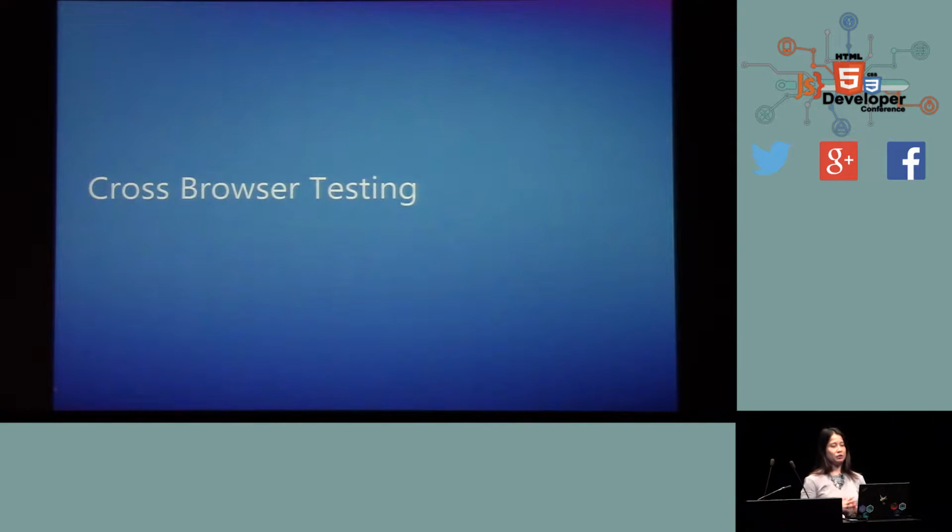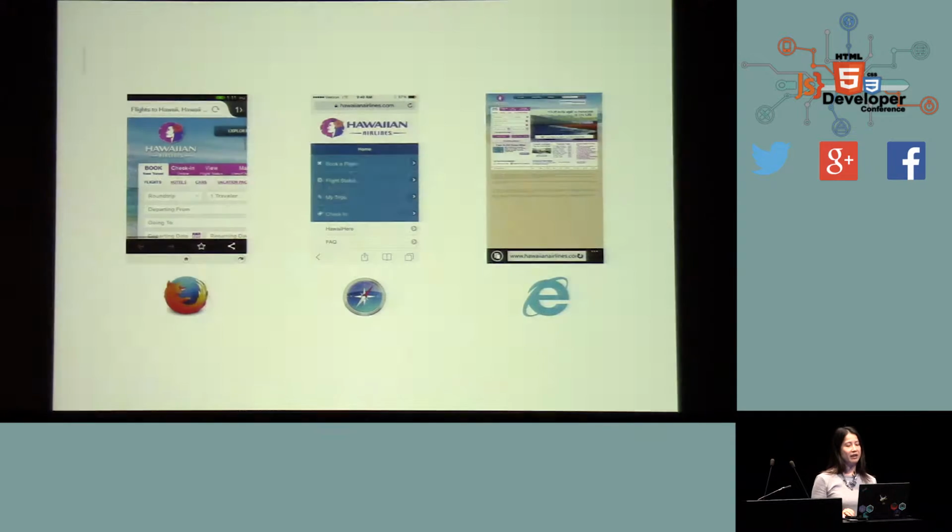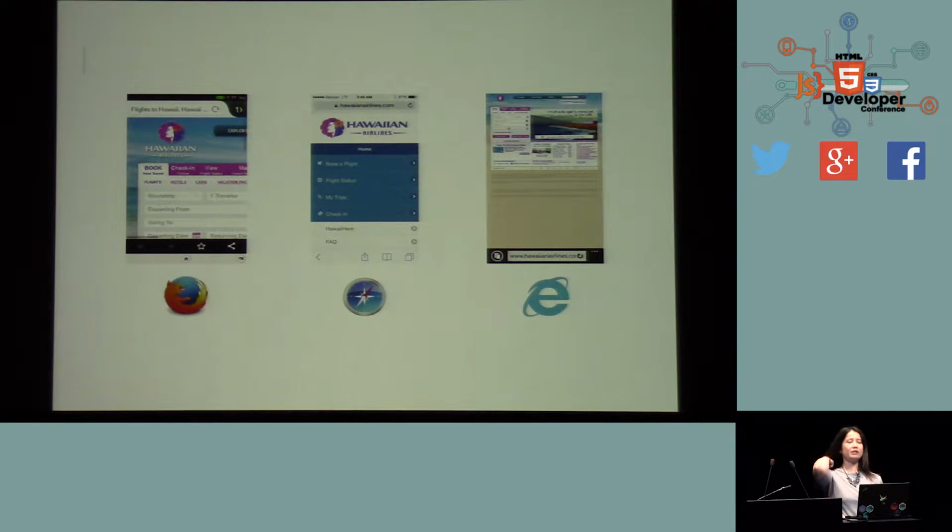So first things first, a lot of times it is always good to have some tools to measure your website behavior in different browsers. Now let's take a look at this particular slide. It's a very nice site, Hawaiian Airlines.